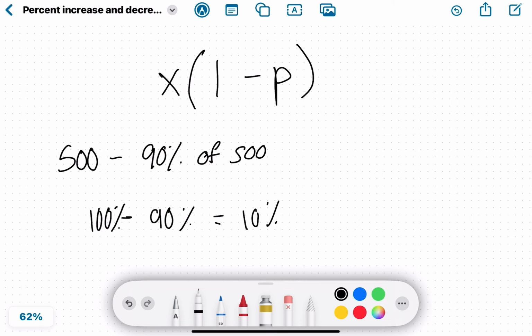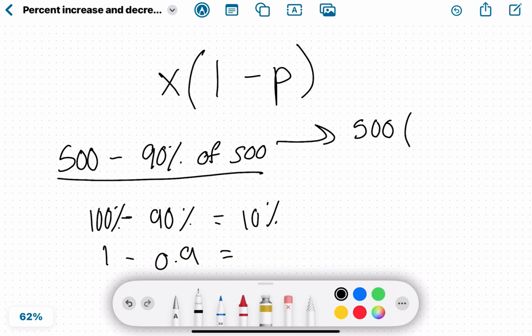So let's just do that really quickly. 500 times 1 minus 0.9, which equals 0.1.